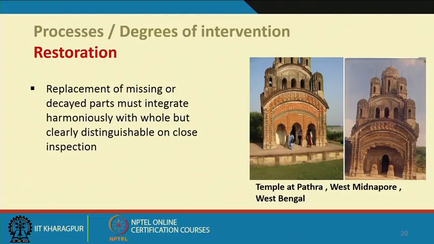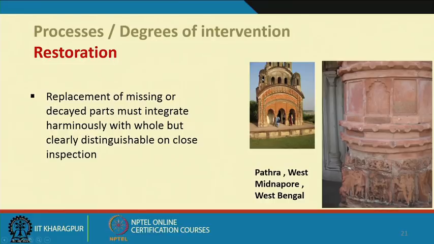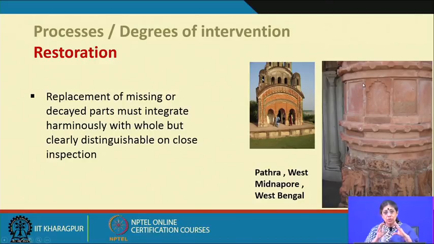In the columns some of these tiles were original and this part has been the new addition. But while doing the new addition, only the profile or the framework has been taken, keeping it simple and plain, without putting all the sculptures or decoration. And this is almost the desirable or suggested method of restoration.